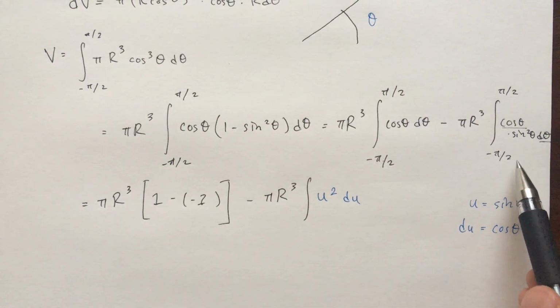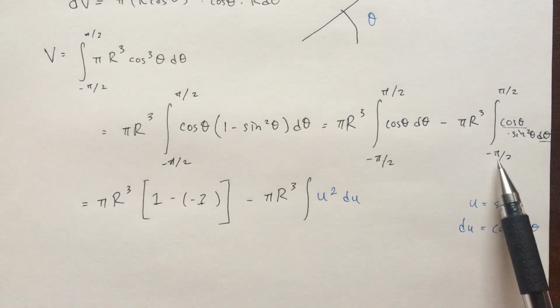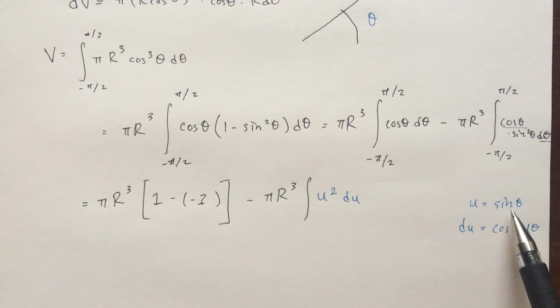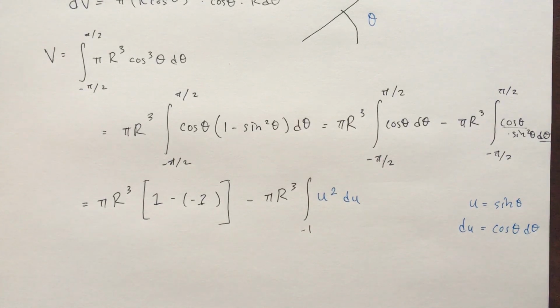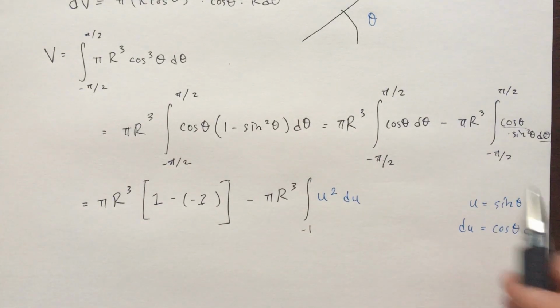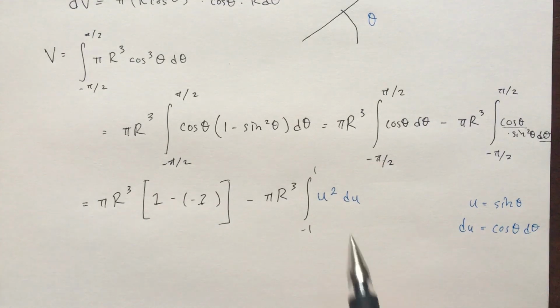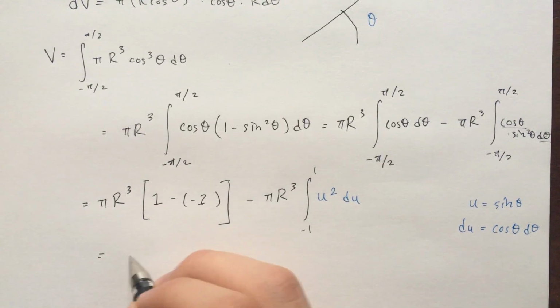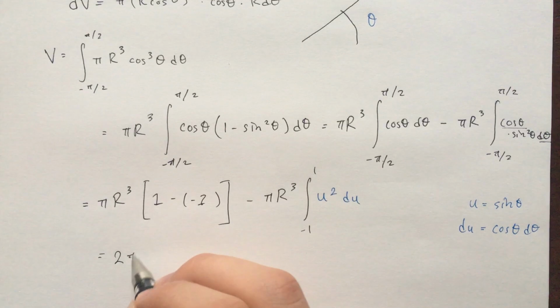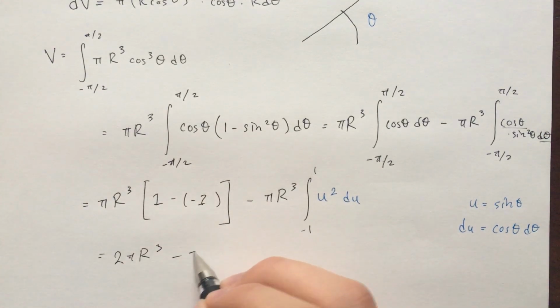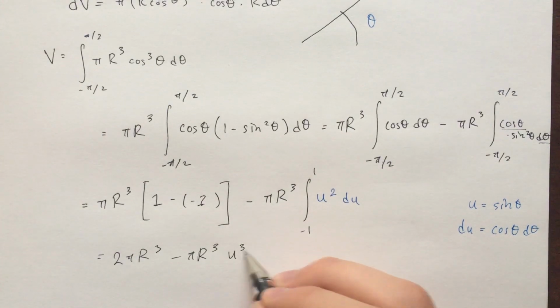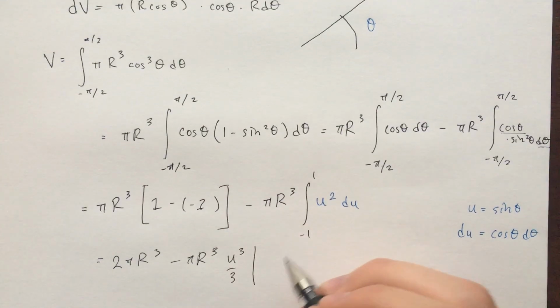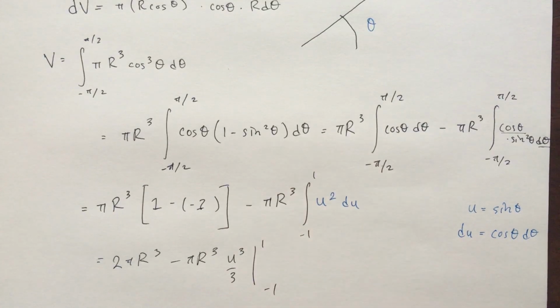And what do the bounds change to? Well, when theta is negative pi over 2, we know sine theta is negative 1. So then this lower bound will be negative 1, and the upper bound will just be sine of pi over 2, which is 1. So if we simplify this real quick, here we'll have a 2 pi r cubed minus pi r cubed times u cubed over 3 from 1 to negative 1.